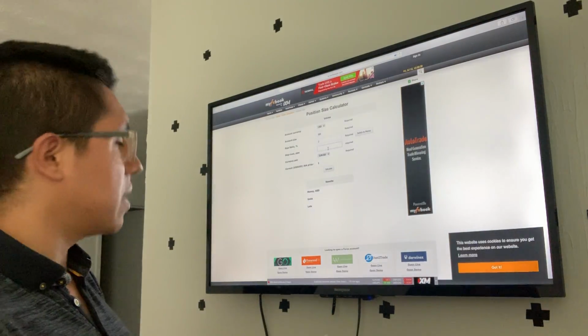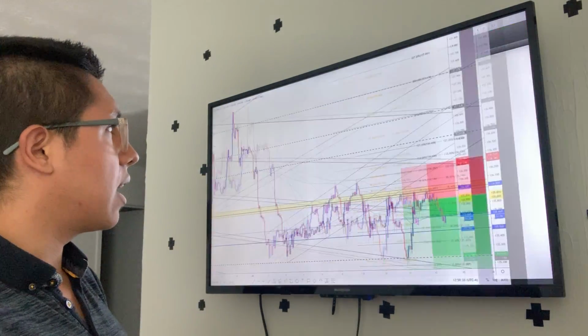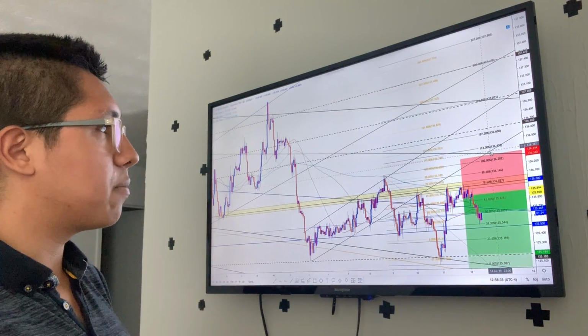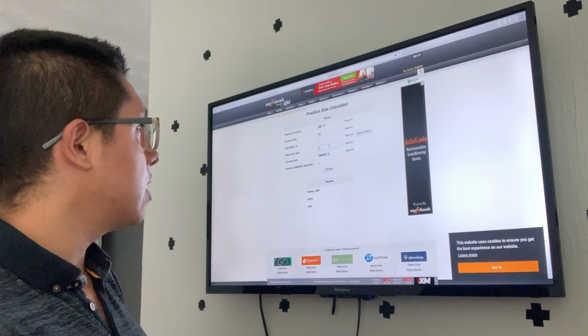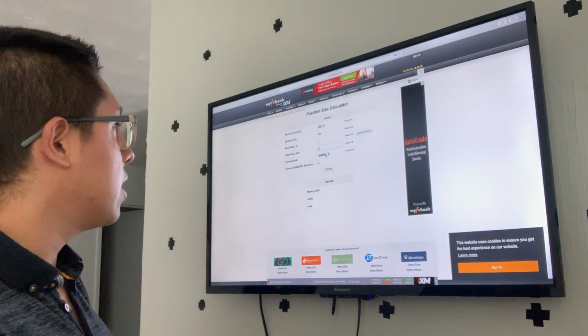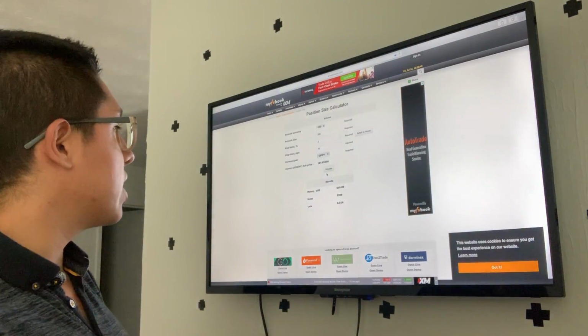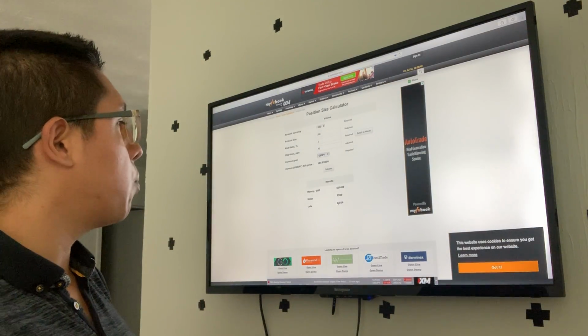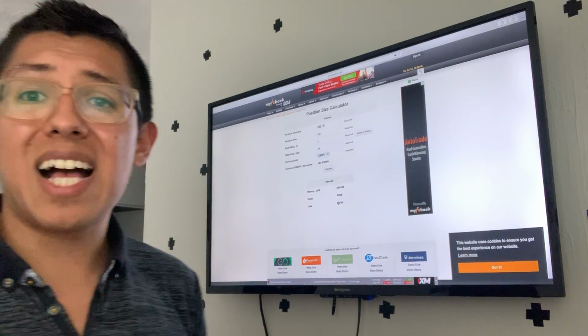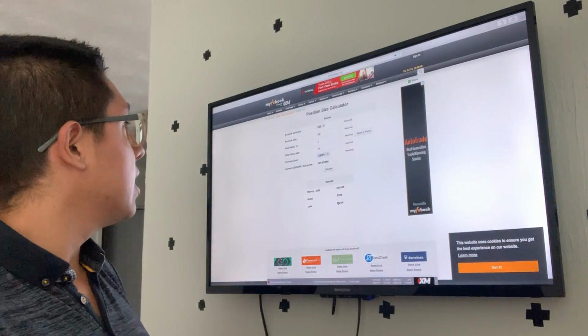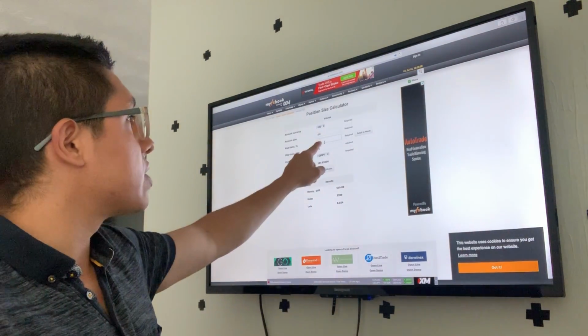So the stop loss is 45 pips, as you can see right here, 45 pips above the entry price, since I'm going short, on GBPJPY. So it gives me a lot of 0.02. This is the lot that I'm risking 2% with.